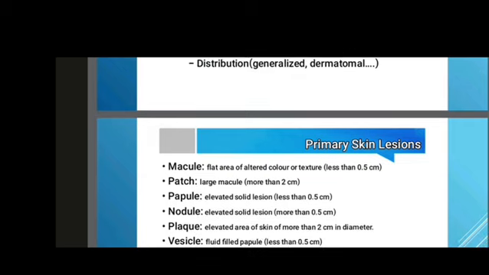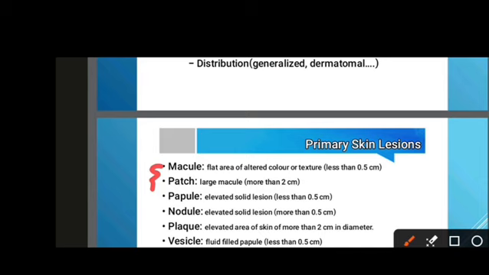In order to remember these types of skin lesions, we categorize macule and patch in one group, because they are flat areas. A macule is a flat area of altered color or texture, less than 0.5 centimeter. A patch is a large macule, greater than 2 centimeter in diameter.